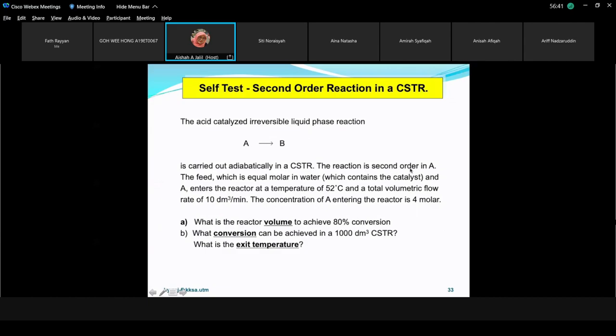This is the rate law in A, and then the feed is equimolar in water which contains the catalyst, and A. Okay, so A plus water enters the reactor at temperature 52 and the total volumetric flow rate is 10. The concentration of A entering the reactor is 4 molar.